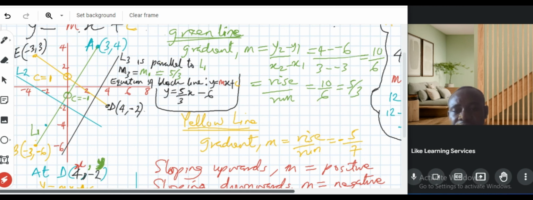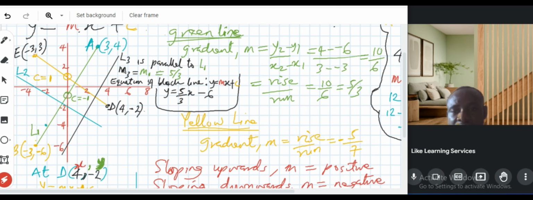For the blue line, the intercept is minus 2, sorry. When x is 0, y is minus 2. For the black line, the intercept is minus 6. When x is 0, y is minus 6.